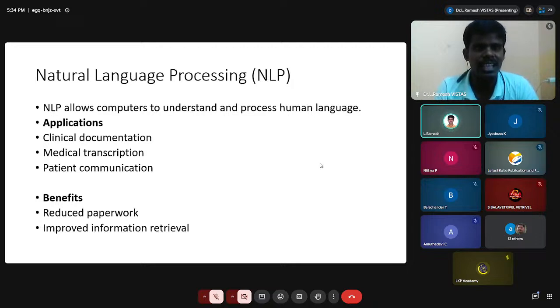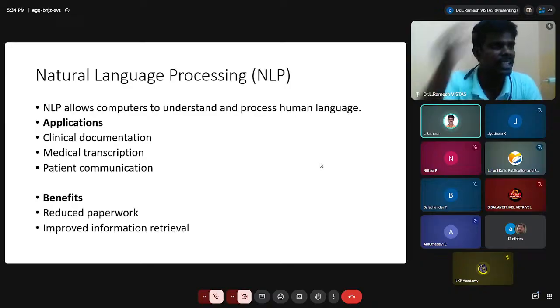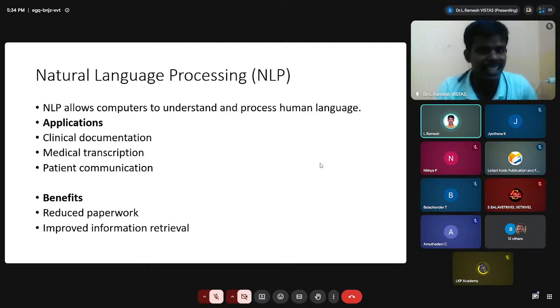And benefits of natural language processing: there are two major things. Reduce paperwork. So automatically we do all the documentation work. There is no paper usage. And second one is improved information retrieval. To recover the previous information, to automatically recover or predict the information in the database. For example, last 10 years records in the database.